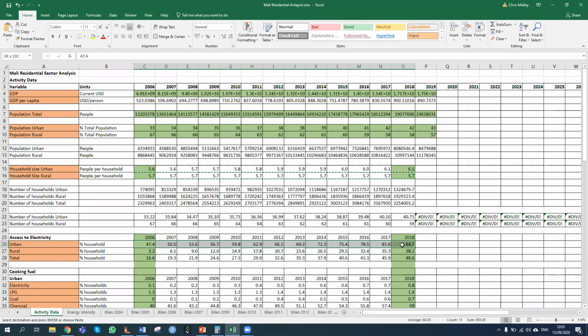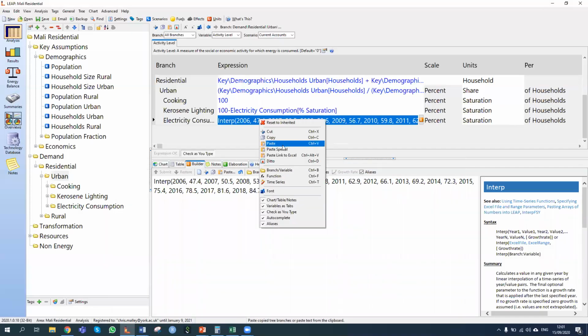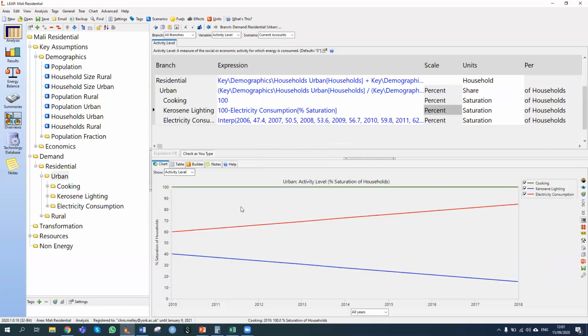again by simply copying and pasting that value into LEAP. For kerosene lighting, we have assumed that it is only households without access to electricity that use kerosene for lighting. If you have access to electricity, then you use electric lighting.